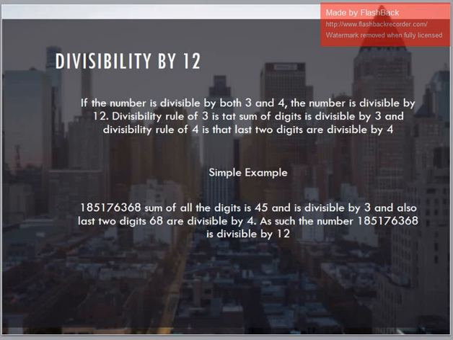Sa divisibility rule naman ng 4, if yung last two digits, pag dinivide mo, divisible by 4, it is divisible by 4. So, ang sinasabi lang dito, once na meet nung specific given number yung dalawang rule na 3 and 4, automatically it is divisible by 12.